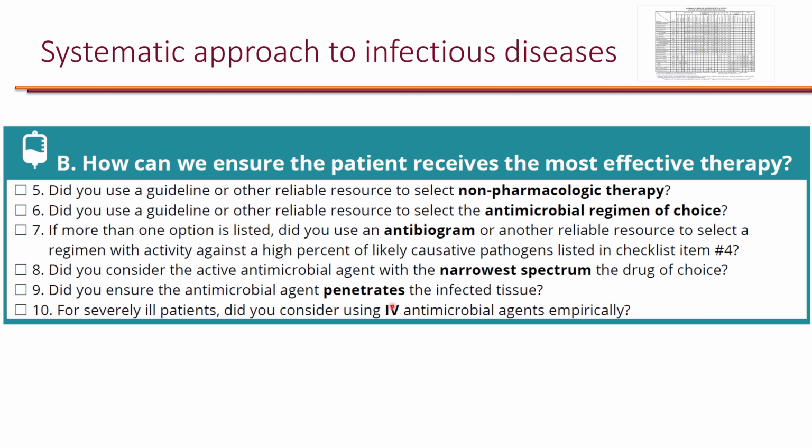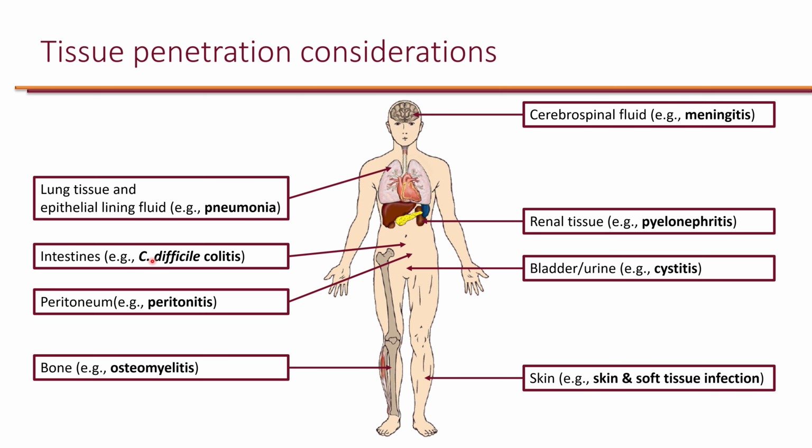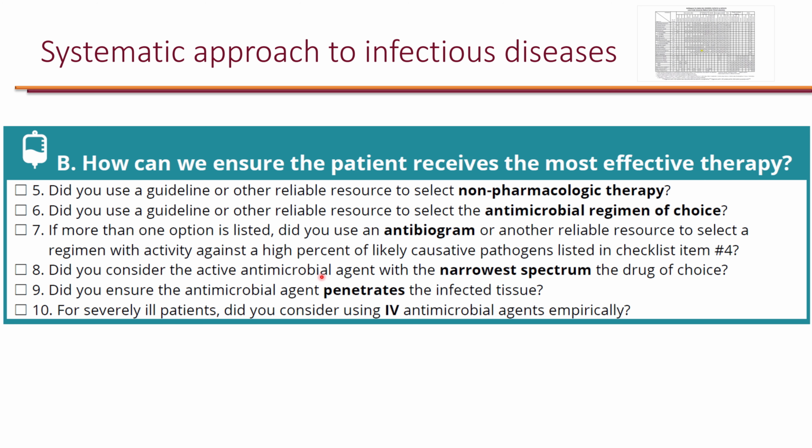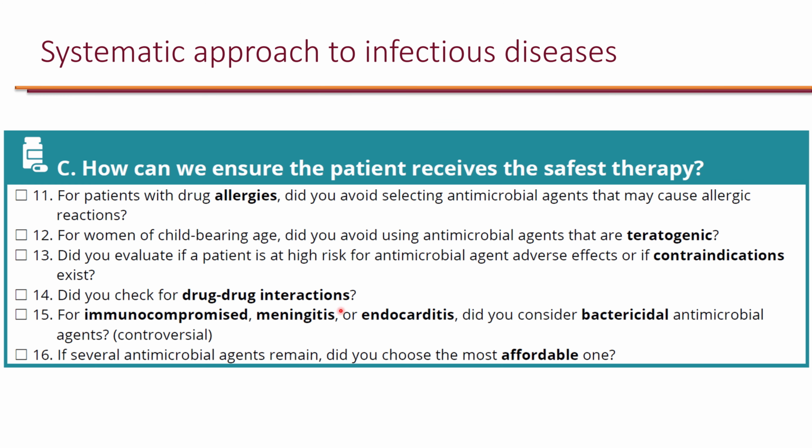So IV in general is initially appropriate, and of course within reason. So again, if you're treating C. diff colitis, an oral route might be a better choice because the infection is inside the intestine. So you have to use these things cautiously. But in general, for most infections, IV is initially appropriate for severely ill patients.